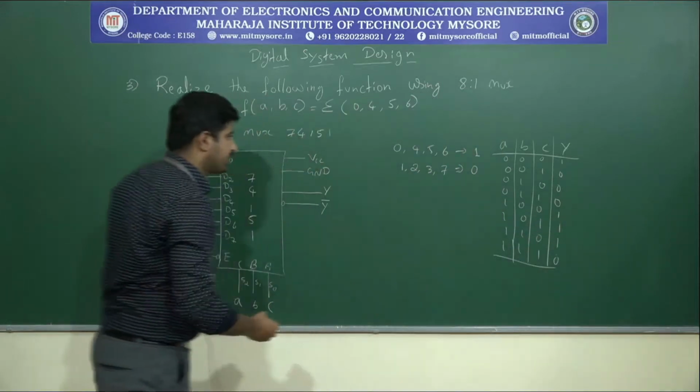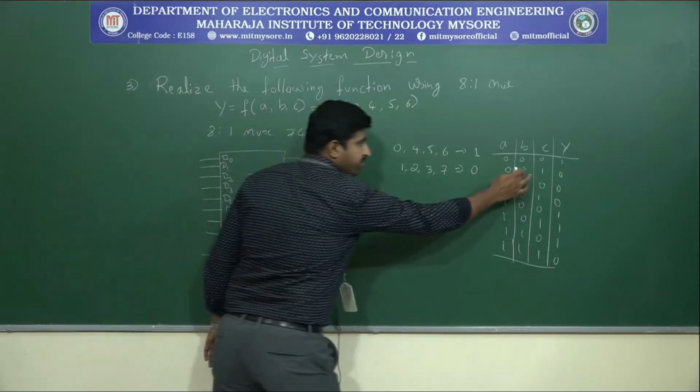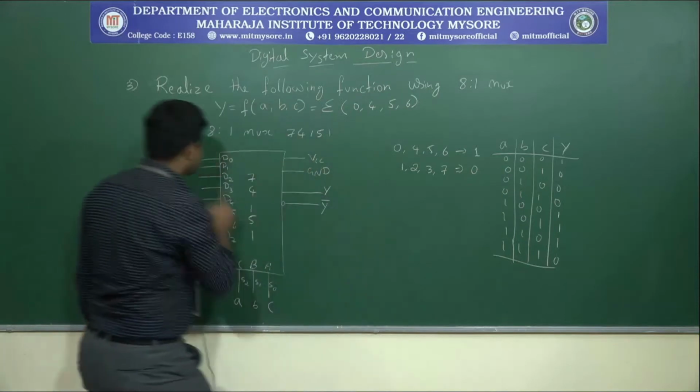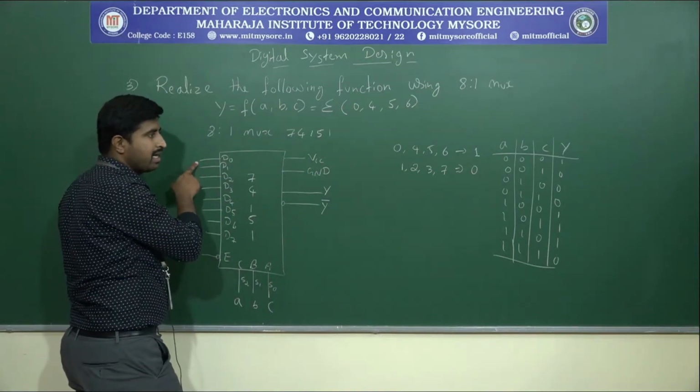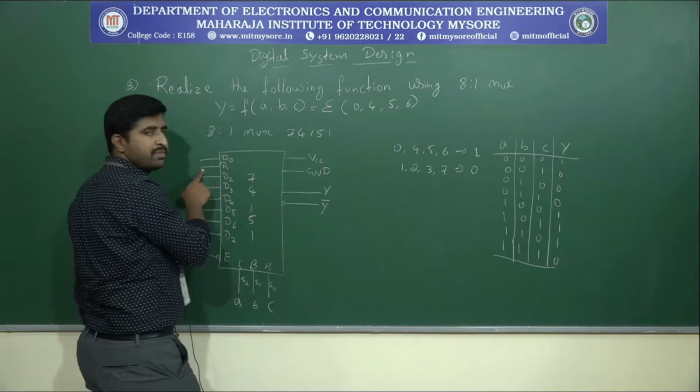So when the select lines A, B, C, that is the inputs of our function, are 0, 0, 0, Y will be 1. That means D0 must be 1. Next for 1 and 2, D1 must be 0.